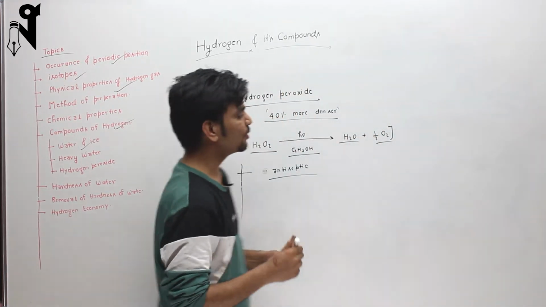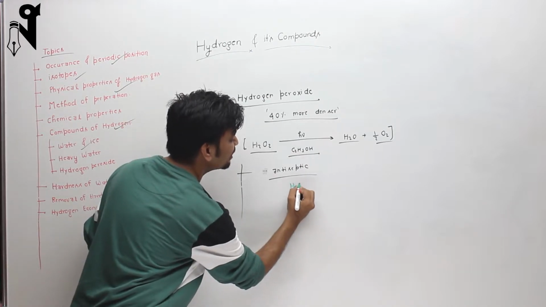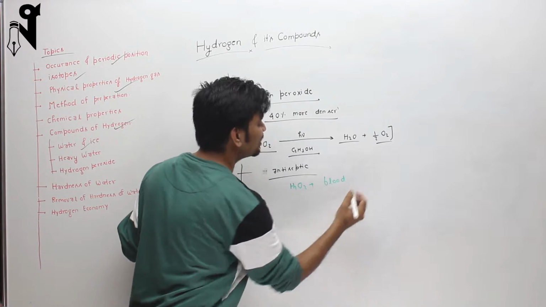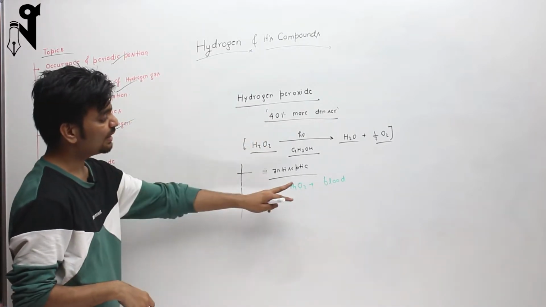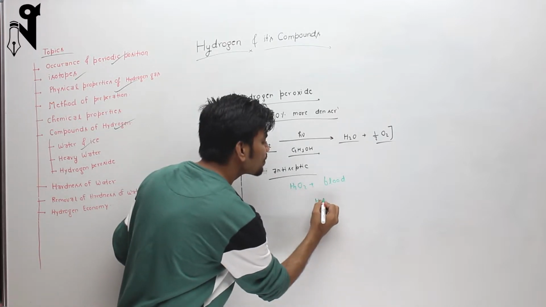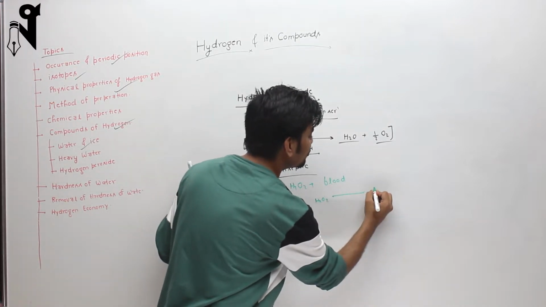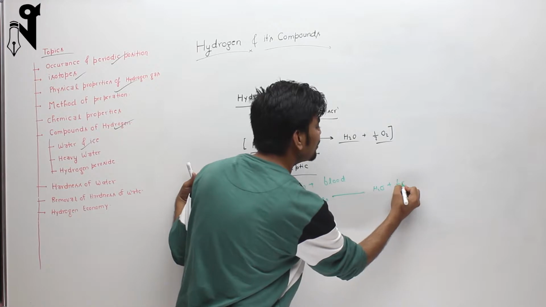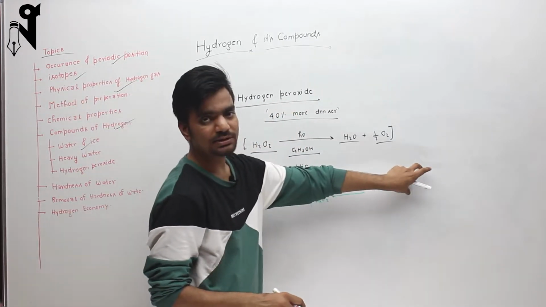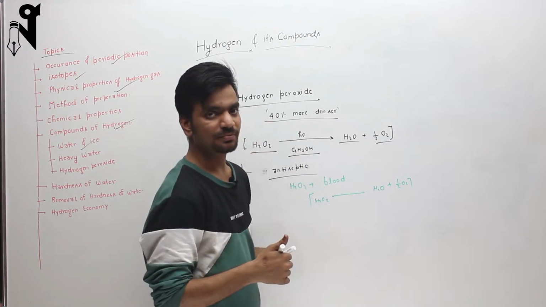The thing is, when H2O2 comes in contact with the blood, in the blood there are enzymes, and those enzymes will promote this reaction. So H2O2 breaks down to H2O plus half O2, and due to the passage of this O2 gas, that foam was generated.